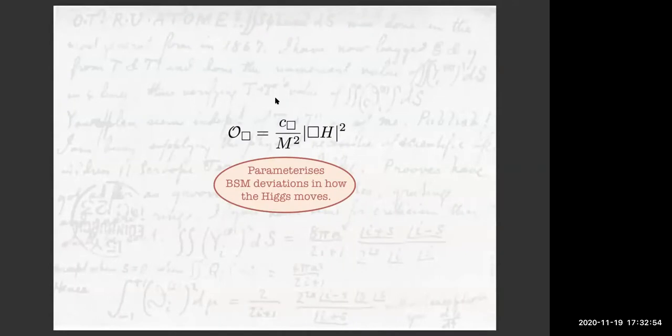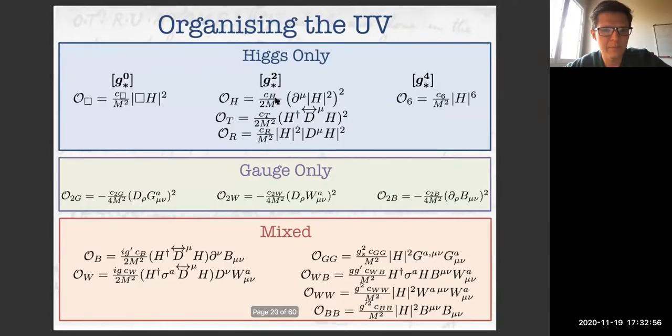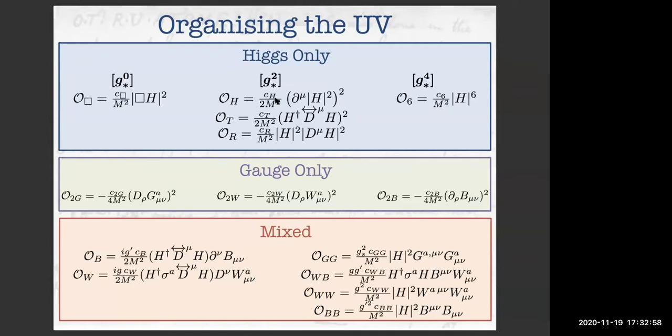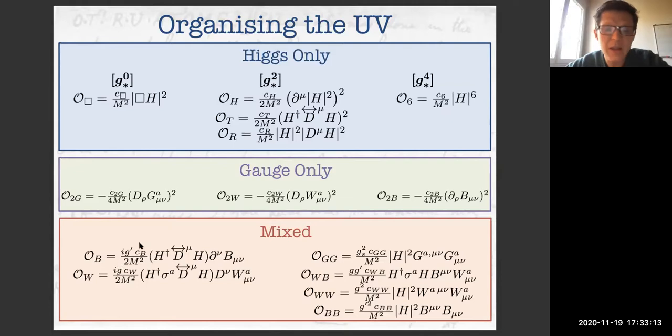I have a question there about that last. I mean, it straddles these things. So what do OB, OW have? G to the 0? OB and OW, they have order G to the 1, because you see you've got 3 bosons and 3 derivatives.